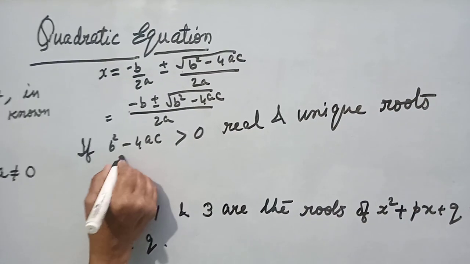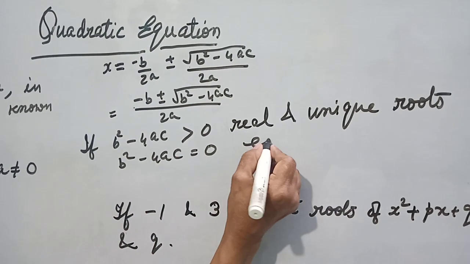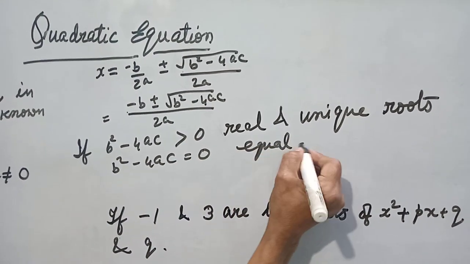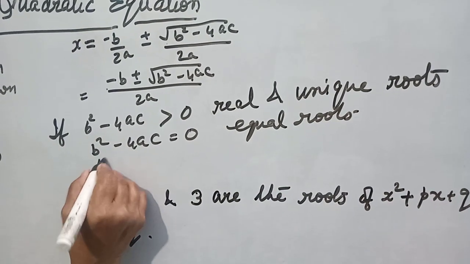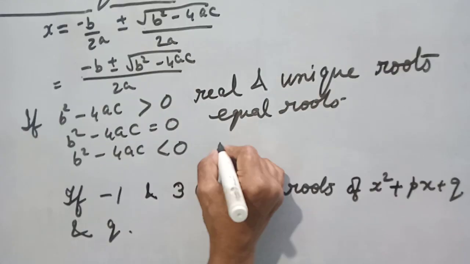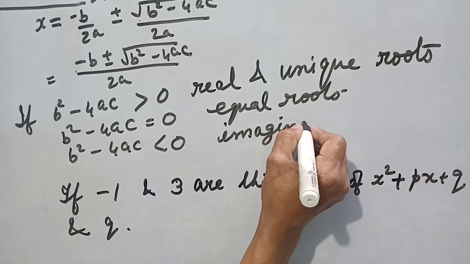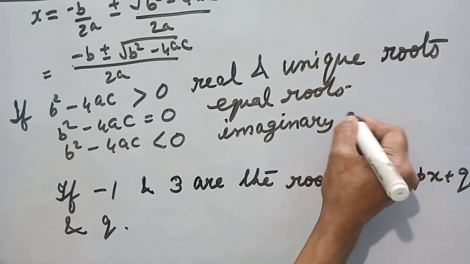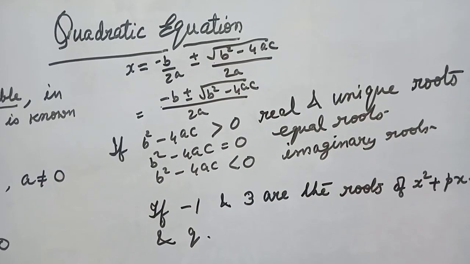If b square minus 4ac is equal to 0, then equal roots. And if b square minus 4ac is less than 0, then imaginary roots. In standard 10, you don't have to study about this. This will be only imaginary roots.